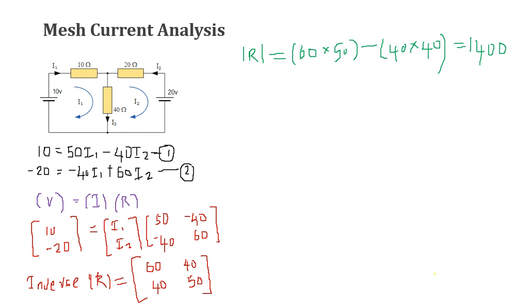So the R inverse will be equal to 1 over 1400 into the matrix 60, 40, 40, 50.